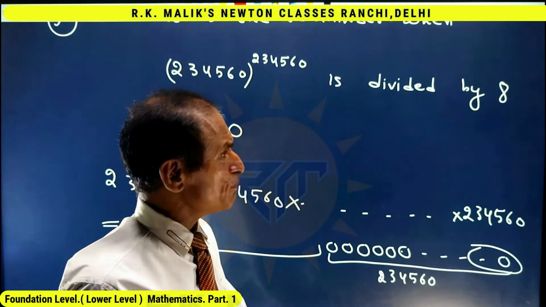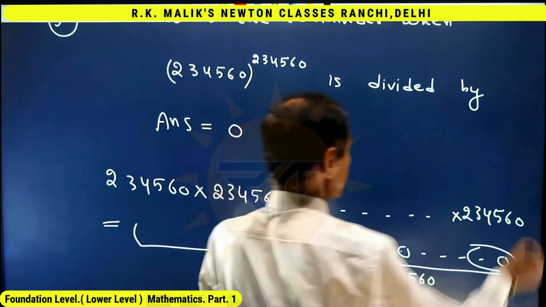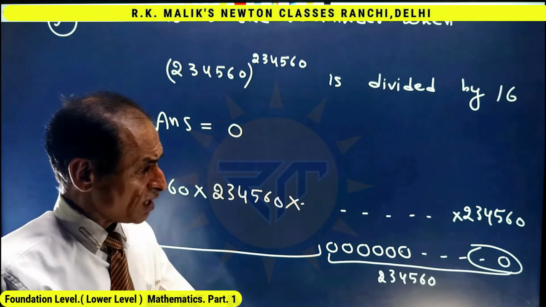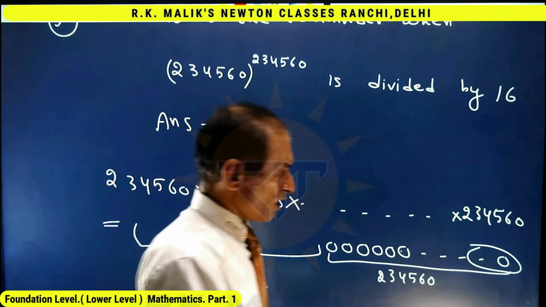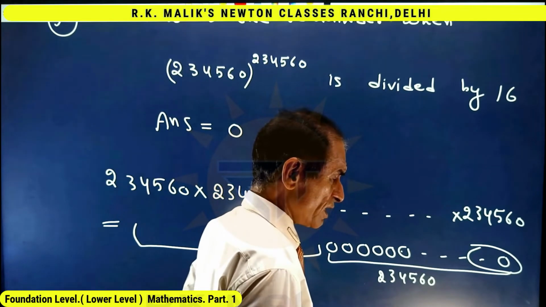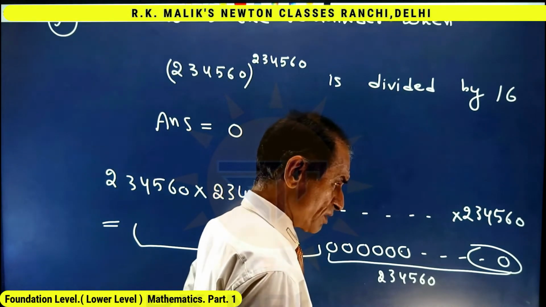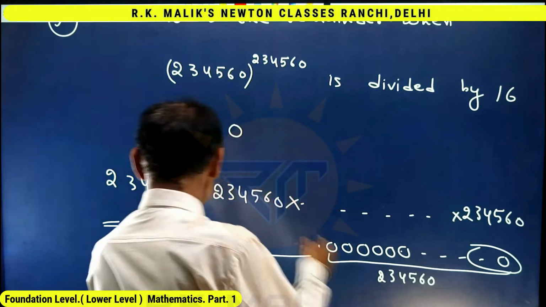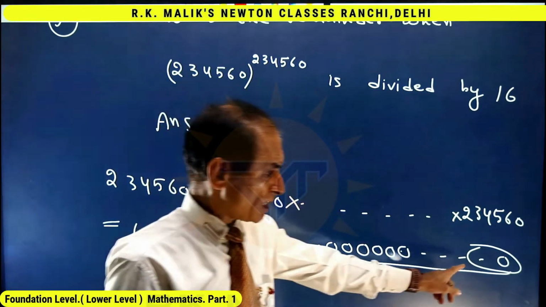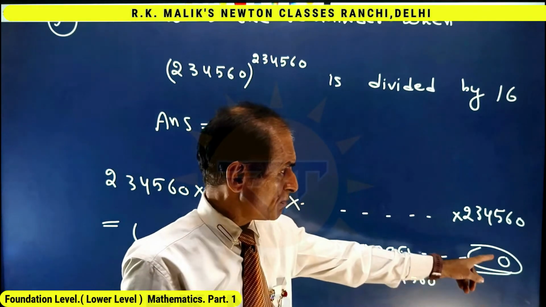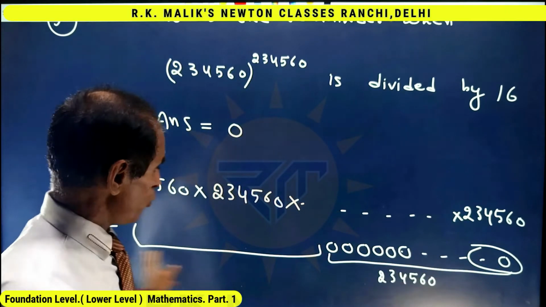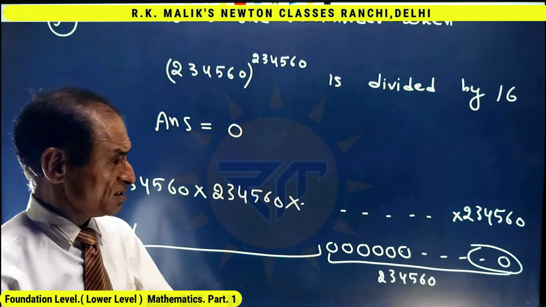And if the question had been what is the remainder when it is divided by 16, just like 8, this is also a concept that when the number found by last 4 digits is divided by 16, then whatever is the remainder, same will be the remainder when this whole number will be divided by 16. And because last 4 digits are 0, 0, 0, 0, this number will be divisible by 16, hence this whole number will also be divisible by 16.